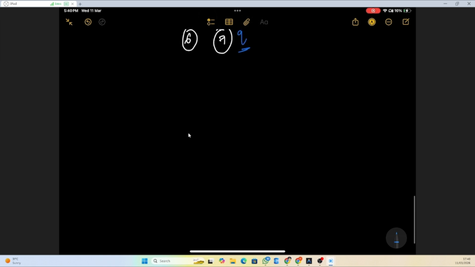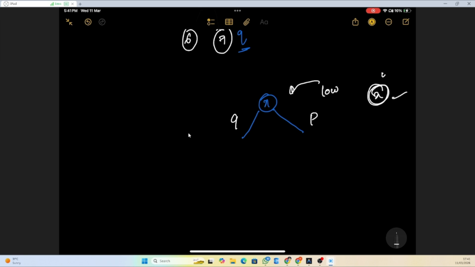Suppose there is an element X. When does this element X become the lowest common ancestor? If you find P in this path and you find Q in the other path, or vice versa, then you can say the lowest common ancestor of these two is X.